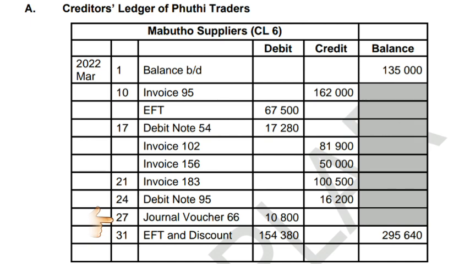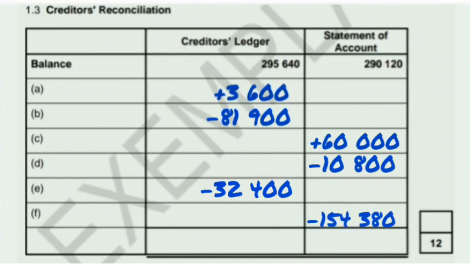It was general voucher 66, but we also have EFT and discount on 31 for 154,380. That 154,380 was never recorded in the statement, so we are going to go record it in the statement as a minus. Why? Because remember, it's a payment. It says EFT and a discount. So meaning the EFT, I was paying them, and the discount, they gave it to me. Basically, I'm no longer owing them any of those monies.